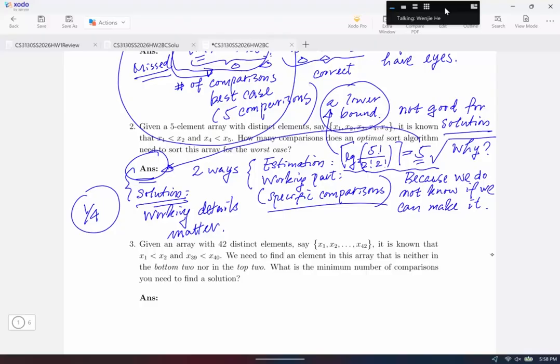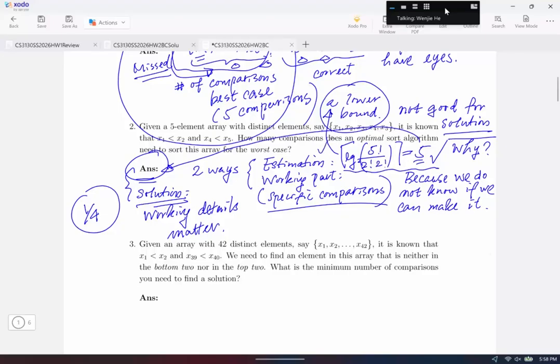Only if we know people can make it, then we count it. So your answer is correct. If nobody can make it, then we cannot say your answer is correct. That's the logic. That's the risk when you use this method.